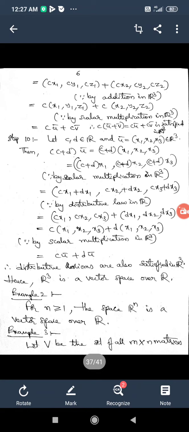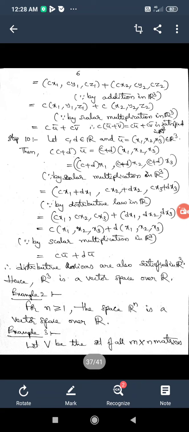If n is equal to 1 we get R, if n is equal to 2 we get R2, for n equal to 3 we get R3, and so on. So in general the space Rn, where n is greater than or equal to 1, is a vector space over R. In this R3 also is included, and that R3 I have proved as a vector space in example 1.